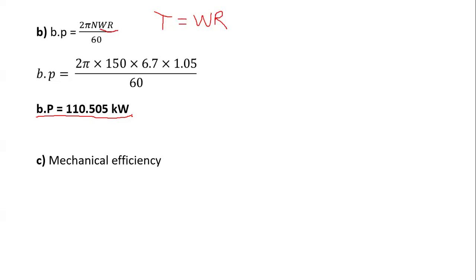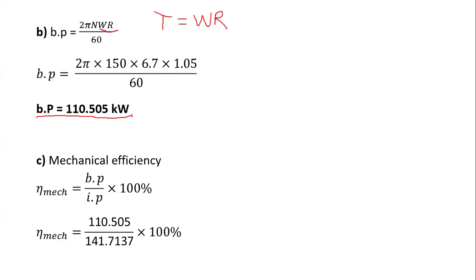So the first part was actually inviting us to find the mechanical efficiency. Mechanical efficiency compares the brake power and the indicated power, expressing it in percentage form. So brake power over indicated power times 100%. That gives us the mechanical efficiency.